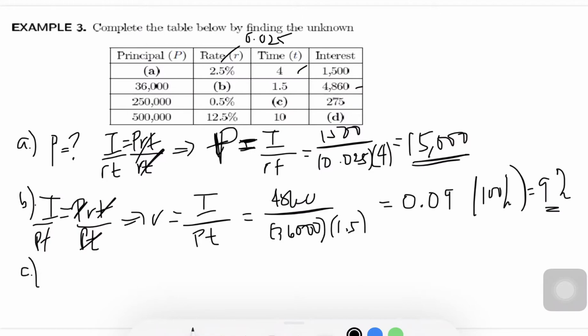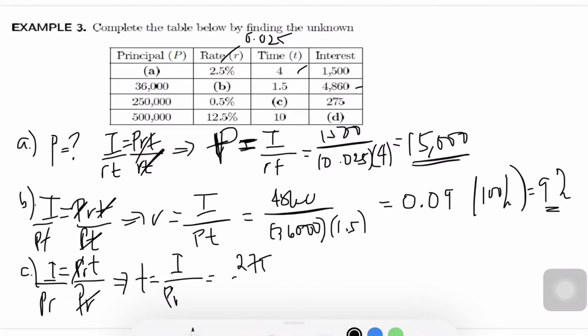Letter C, we're asked to find time. So I is equal to PRT. For time, divide by PR. So time is equal to I over PR. I is 275 divided by the rate, 0.5%, divide that by 100%, so that will become 0.005, times the principal, 250,000.